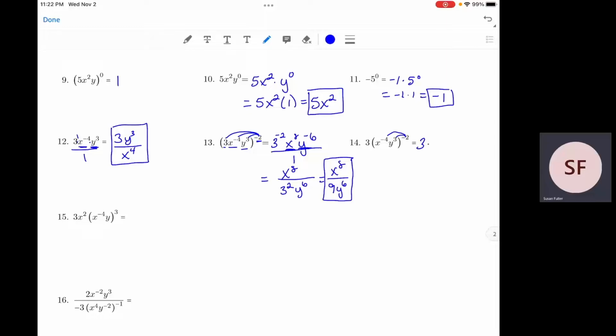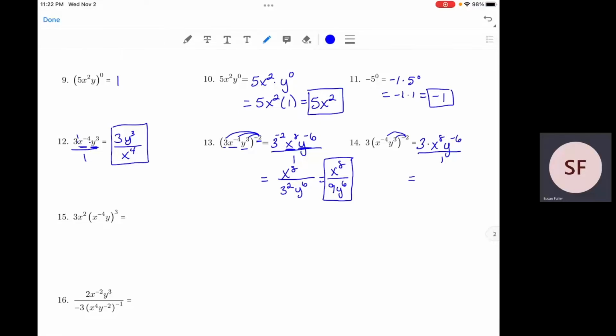X to the -4th to the -2 power. I'm going to multiply those exponents and get x to the 8th. And then y to the 3rd to the -2. I'm going to multiply those exponents again and get y to the -6th. And now that I have distributed that -2 power to everything in the quantity, I'm going to put this over 1 and play should I stay or should I go?